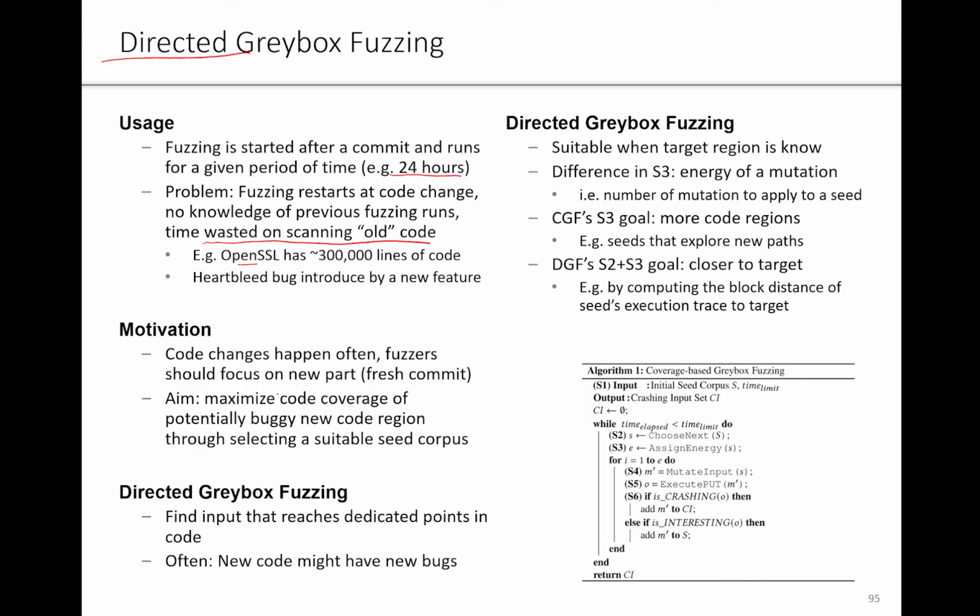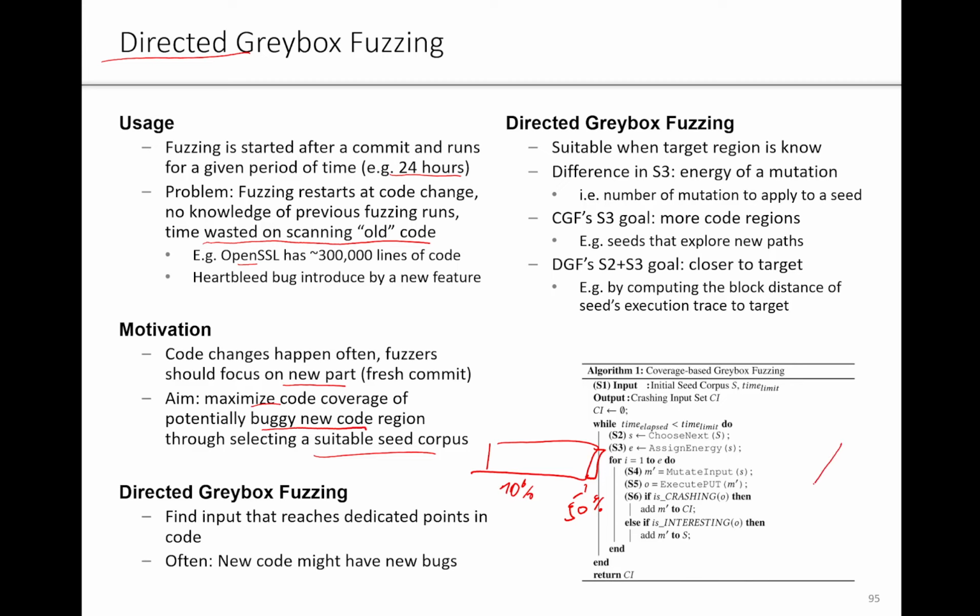So fuzzers should focus on the new part, and the aim is to maximize code coverage of the potentially buggy new region through selecting a suitable seed corpus. So if this is the old code and you get the new part, then let's say 90% of your fuzzing time should go into this, and 10% into the old code. So how can you do this?